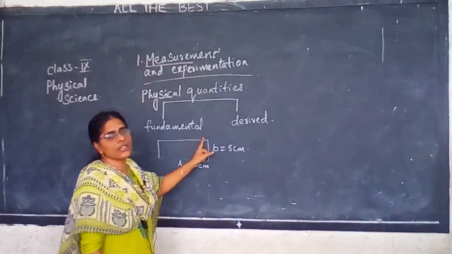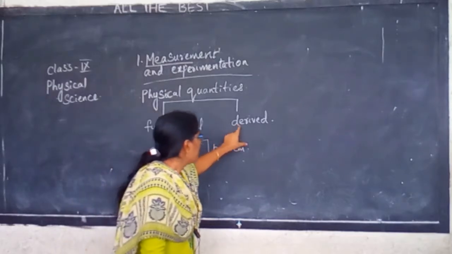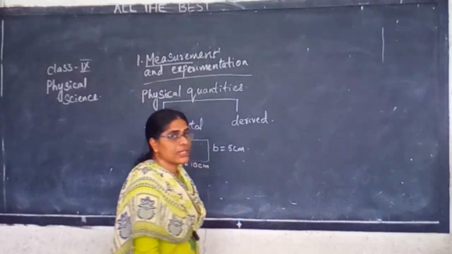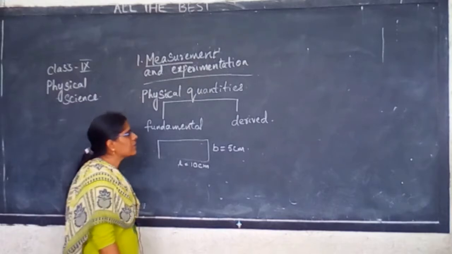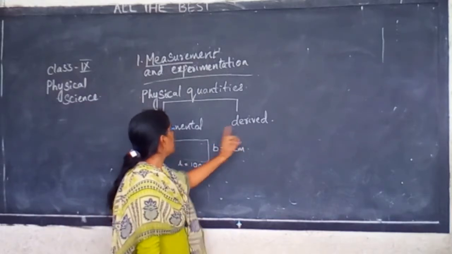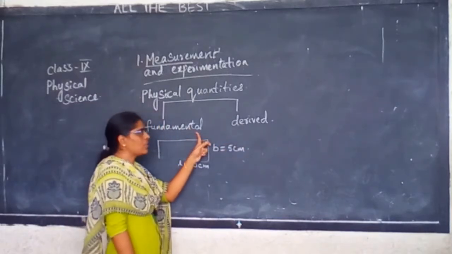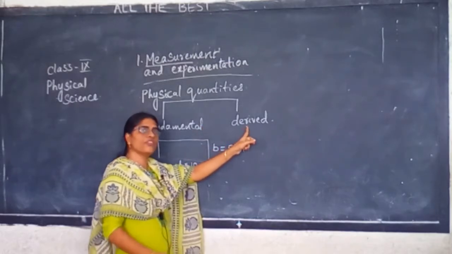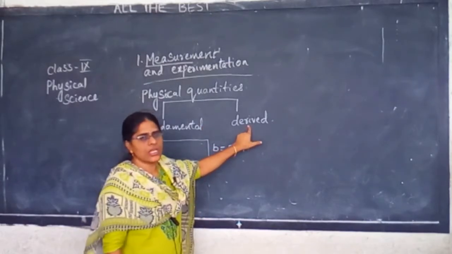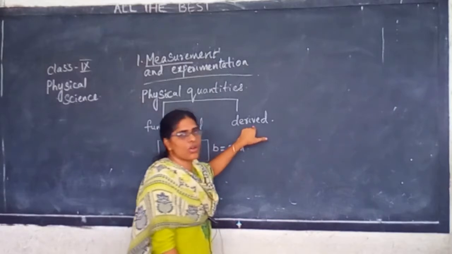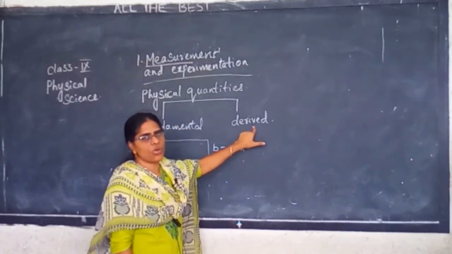Next thing is derived quantities. Derived means using the fundamental quantities, we find a new quantity. Such quantities are called derived quantities.